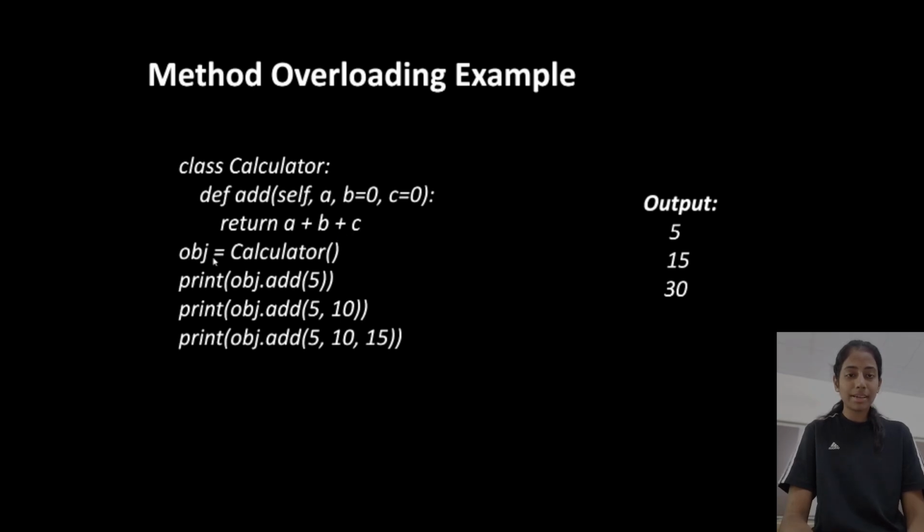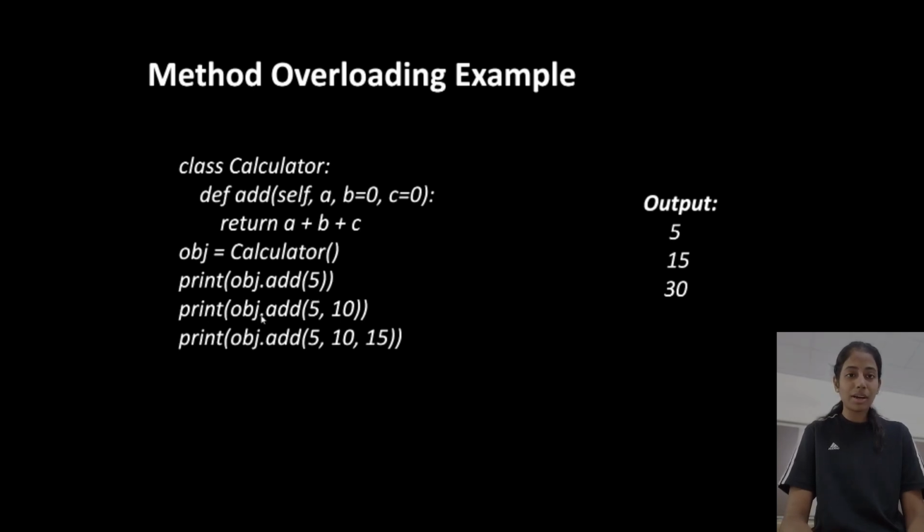obj = Calculator(). Now here we are creating an object of the class Calculator. Print obj.add(5). So now here we are giving 5 to a, and b and c are already given zeros which are taken as the default values. a + b + c, 5 + 0 + 0, we get 5 as the output.